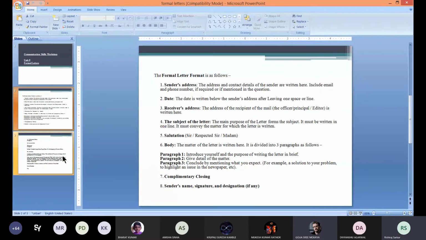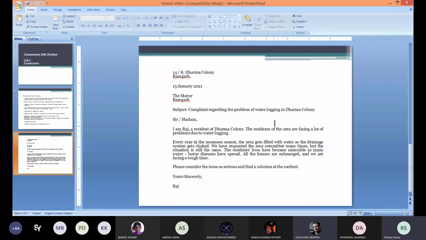Okay, paragraph 3. There will be no solution, but there will be a request, like hope we will meet at this time, or hope you will call me, or waiting for your response. This kind of thing will be there at the end, in the ending paragraph.